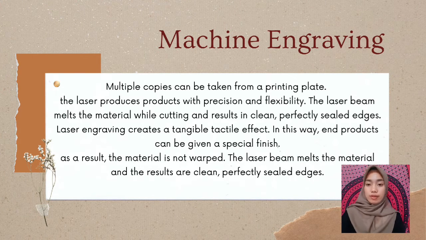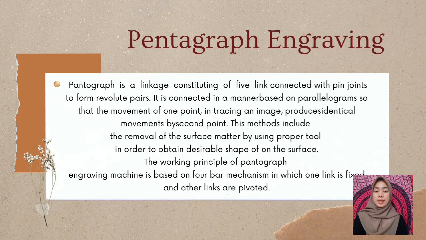Laser engraving creates a tangible tactile effect. In this way, end products can be given a special finish. As a result, the material is not warped. And then pantograph engraving.